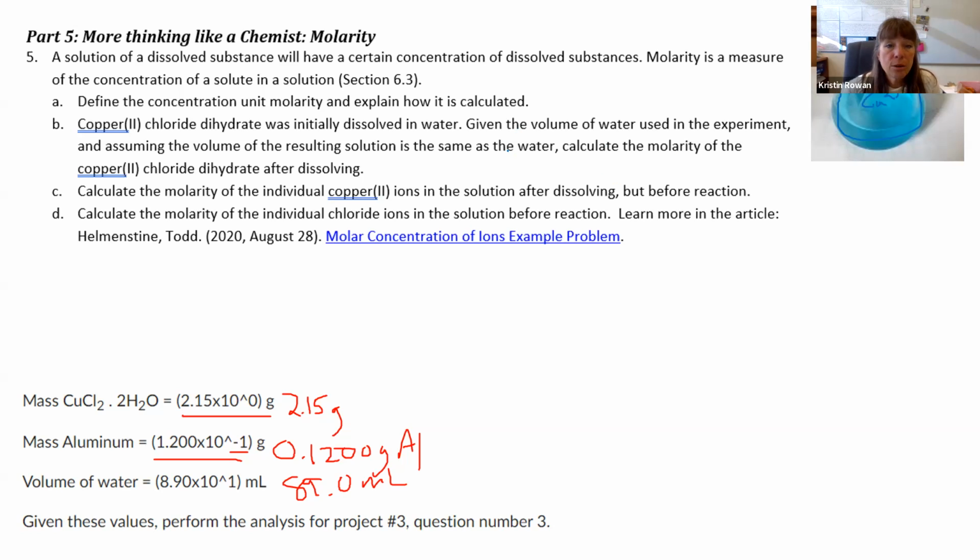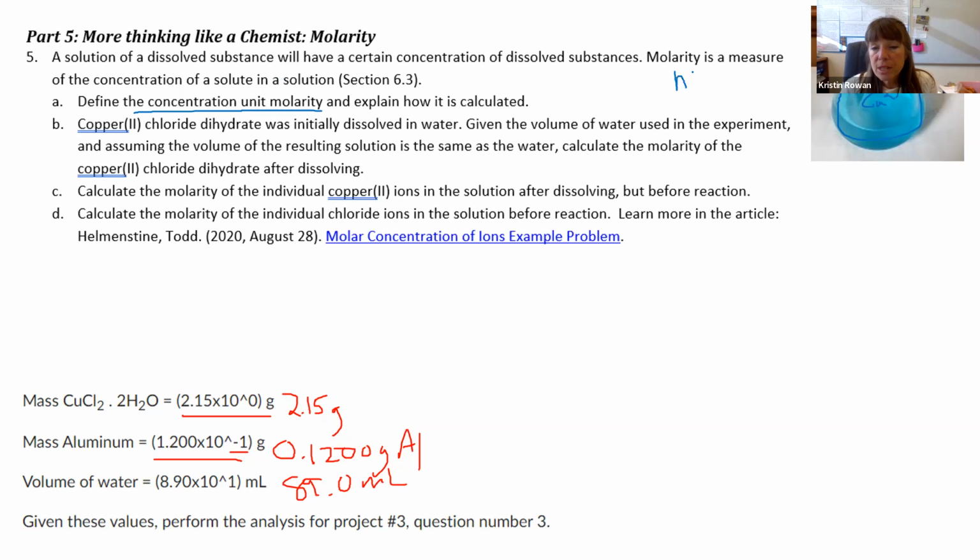Okay. Now, in one of your chapters here, we were looking at molarity and concentration of solutes. So in this question, you're asked to define the concentration unit molarity, because there's molarity, molality, mole fraction, percent by mass. There's all these different concentration units.